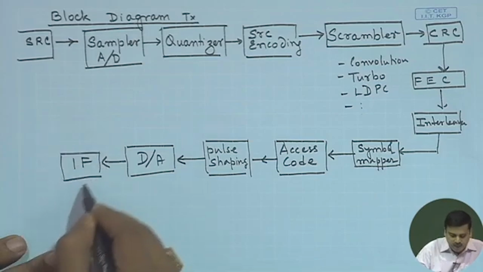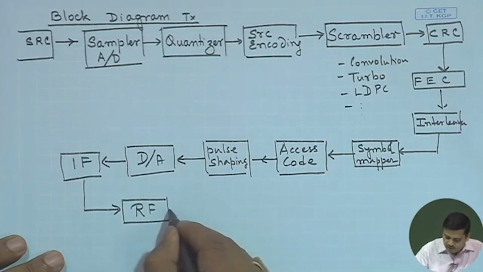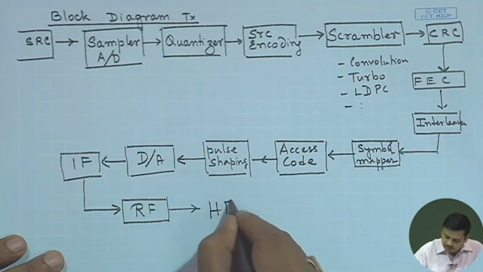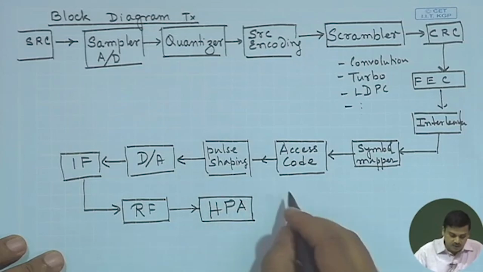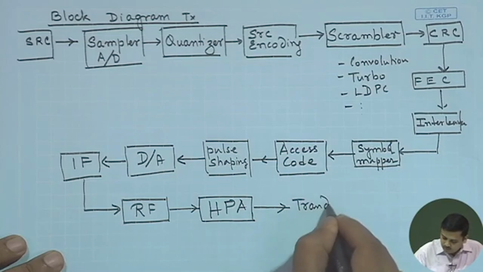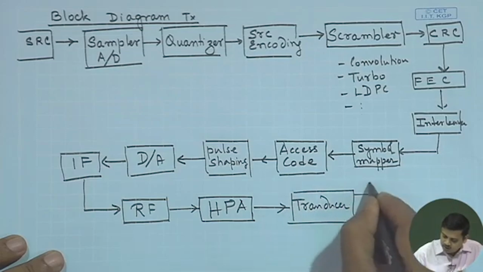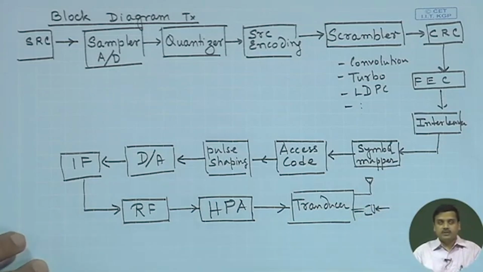So, it begins with the IF section, up conversion, then there will be in the RF, the radio frequency section, where you go to the particular carrier frequency, and there would be the high power amplifier which would amplify the signal to the desired level, so that it meets the link budget, and then there would be the transducer. One of the common examples of the transducer could be the antenna or the kind of coupler which may be used to connect to the next sequence.